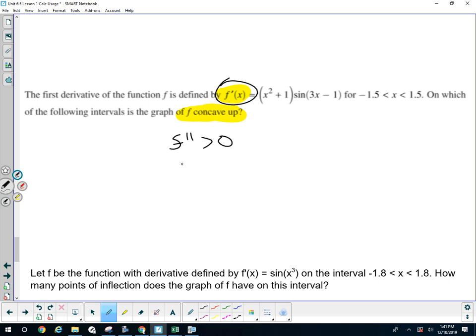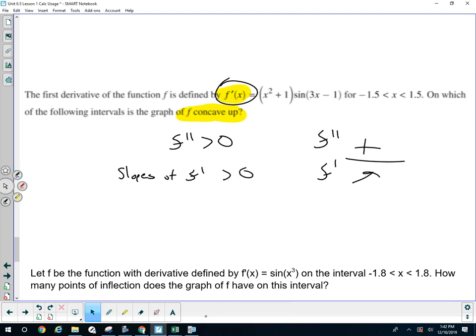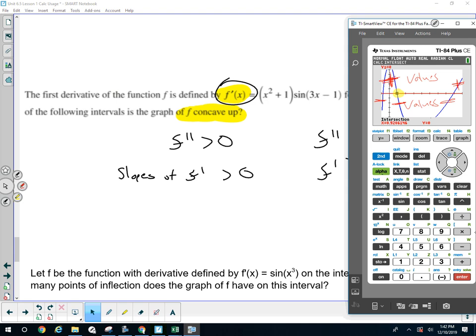You can either think of F double prime is positive if F prime is increasing, or F double prime is positive if the slopes of F prime are positive. So, thinking about it that way, we can easily see our answers. There's another way to do it, but it's not as important as this more efficient way.